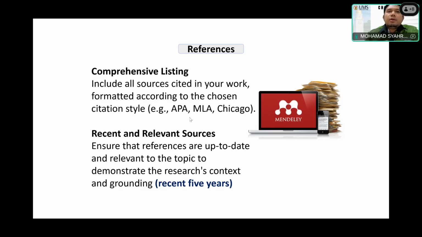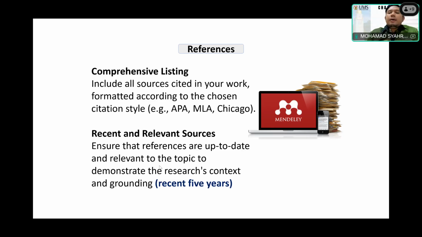If the journal wants you to use APA 7th edition style, and your paper gets rejected, then you have to transfer your paper to another journal. Maybe the new journal wants Chicago. If you use Mendeley, the reference manager tool, it will save you a lot of time. You no need to focus on the formatting of references.